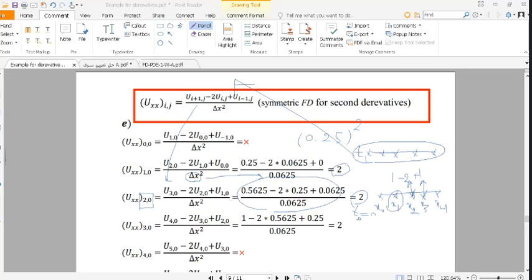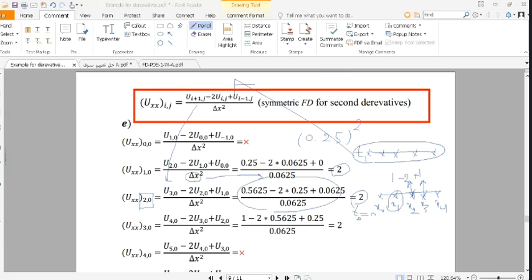Miss Sima, I'm checking your solution. The first line, you write uxx 0 and 1 as u1 and 1 minus 2 u0 and 1 plus u minus 1 and 1, not 0 and minus 1.